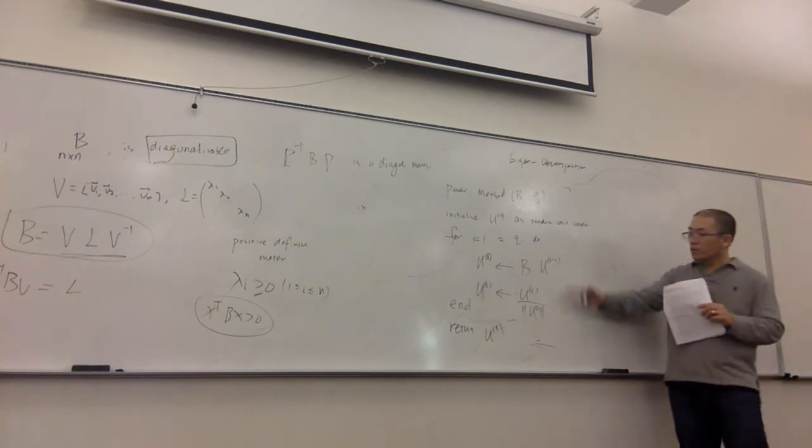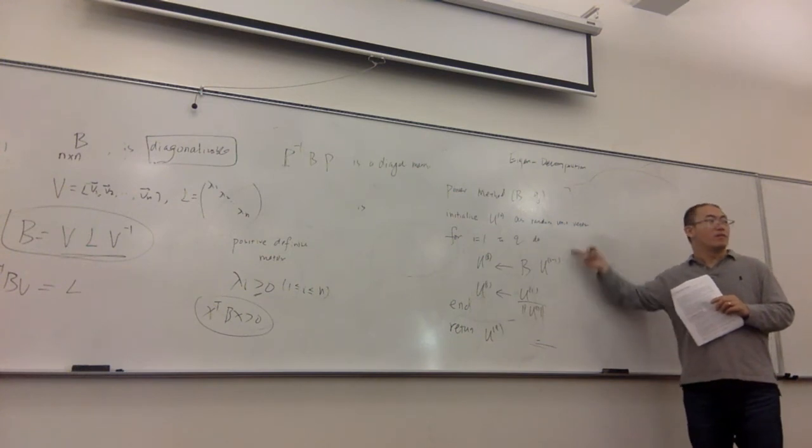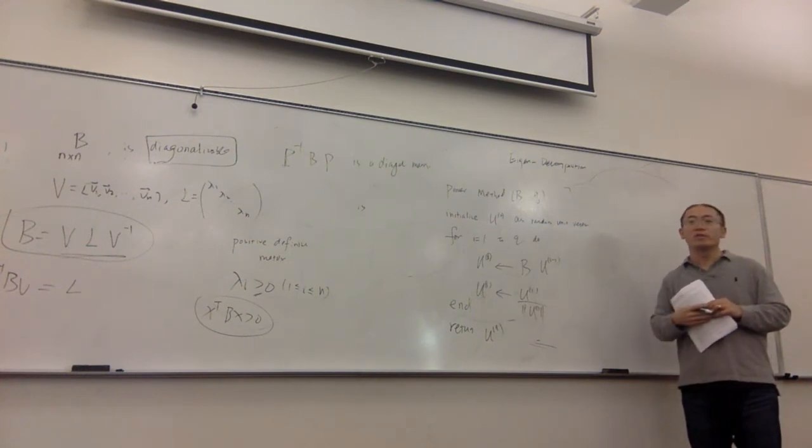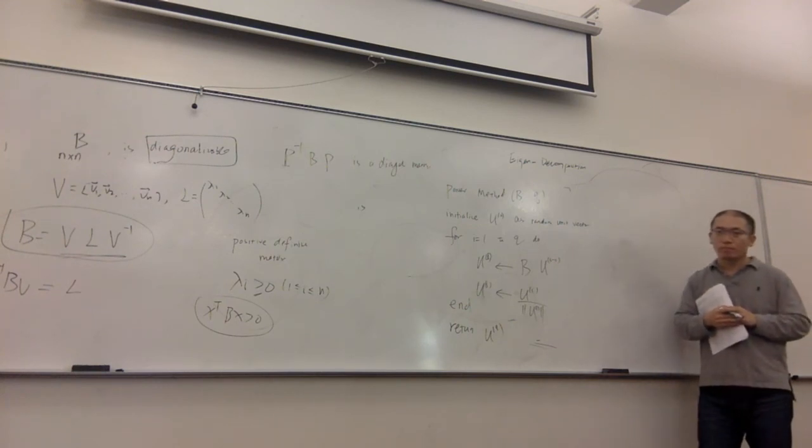Does anyone have questions regarding the procedure for power iteration? Question: Instead of setting the number of iterations, can we just check if the unit vector u doesn't change? I guess not.